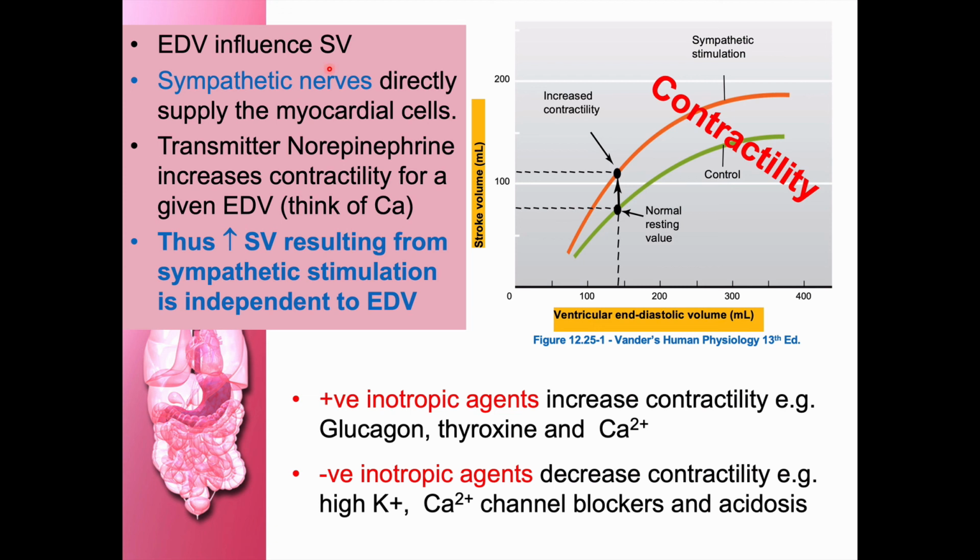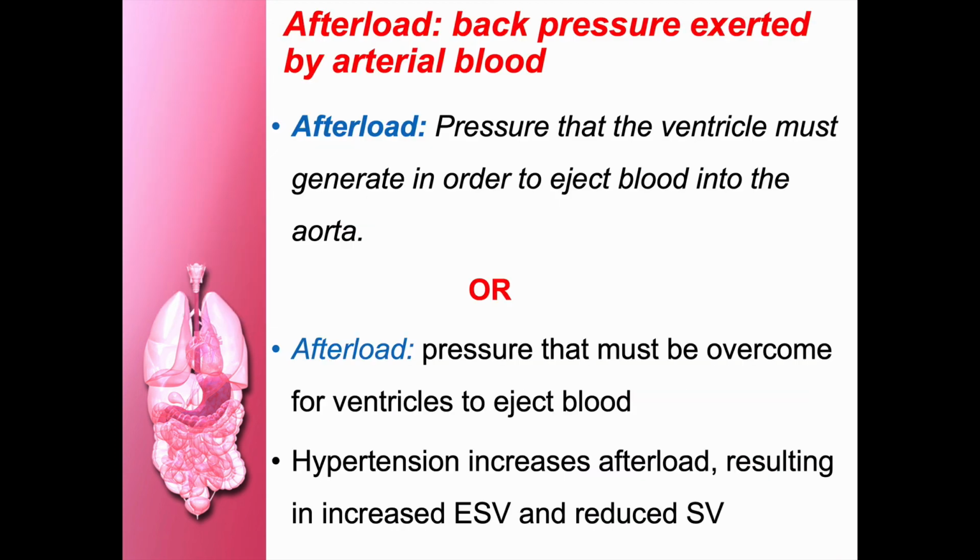Thus, it increases systolic volume resulting from the sympathetic stimulation and is dependent on end diastolic volume. Other factors like negative inotropic agents decrease the heart contractility, positive inotropic agents increase the contractility, like potassium and calcium. So the cardiac output depends on the contractility of the heart also.